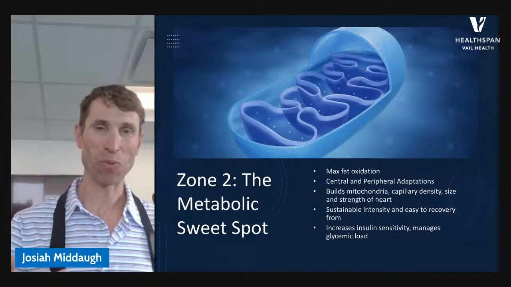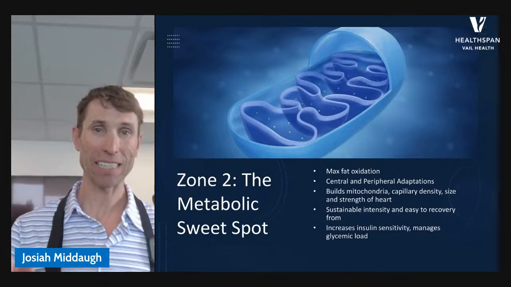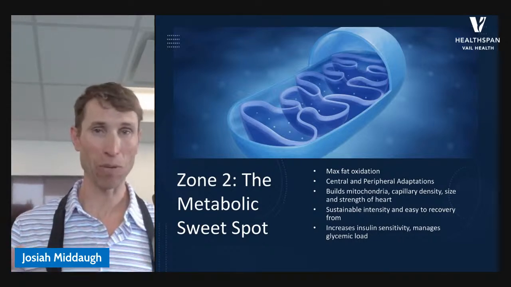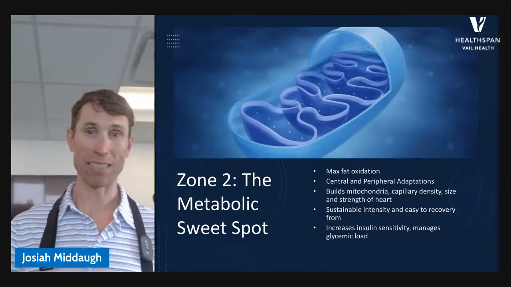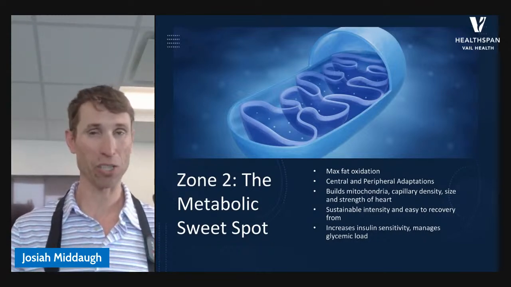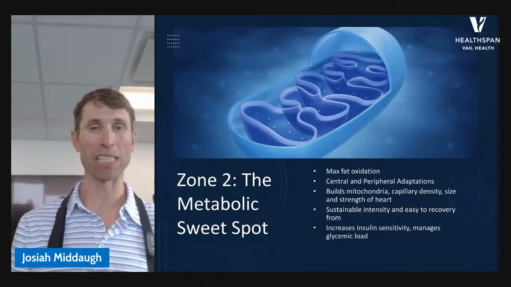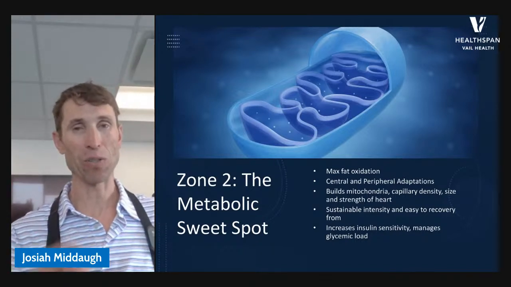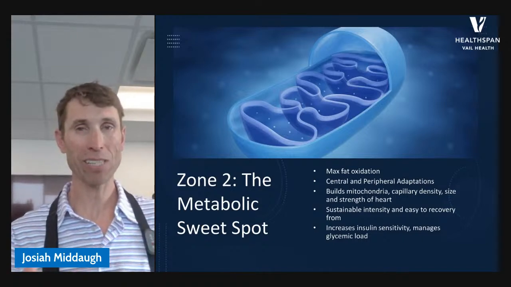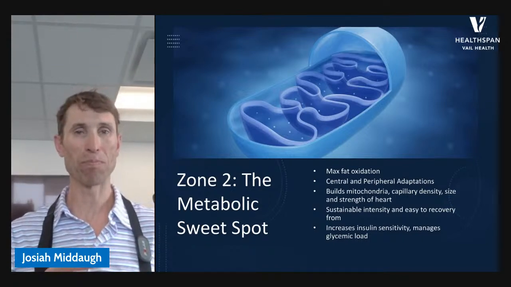And that is what increases. So mitochondrial density, capillary density all around your tissues, even capillary density in the heart improves, and size, strength of the heart, stroke volume of the heart. And that's why you see heart rate come down at rest. And then at those kind of moderate intensity levels, some of those factors balance each other.